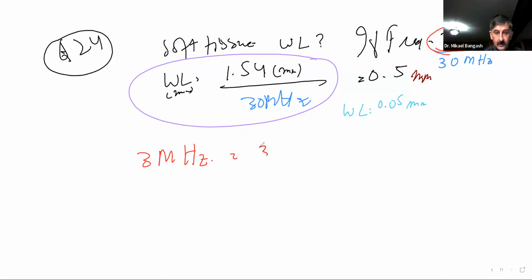Of course. 3 can be 3, and mega can be 10 raised to the power 6, and the hertz can be hertz. Is that clear?